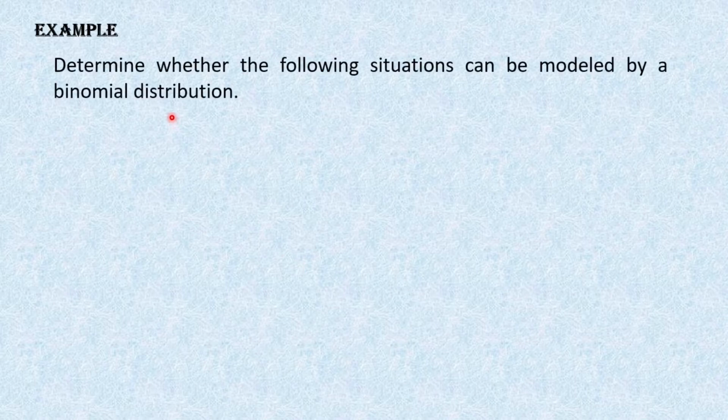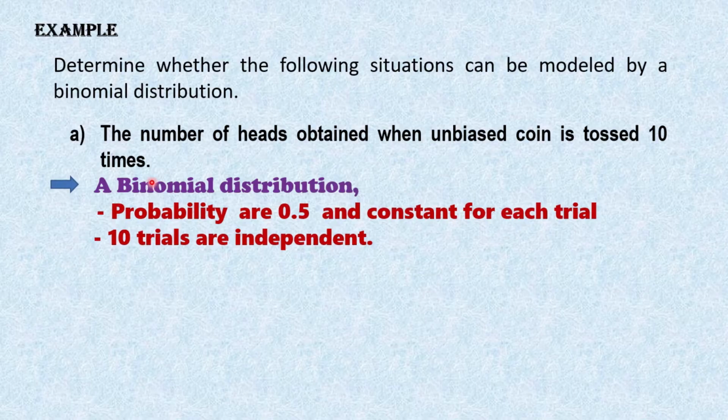Okay, now take a look at the first example. Determine whether the following situation can be modeled by a binomial distribution. A, the number of heads obtained when an unbiased coin is tossed 10 times. Okay, so the trial here is we have a coin and we toss the coin 10 times, and we focus on getting a head.